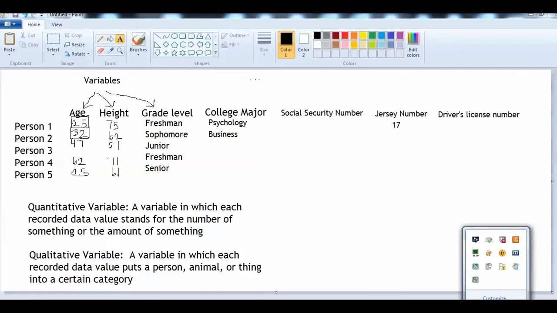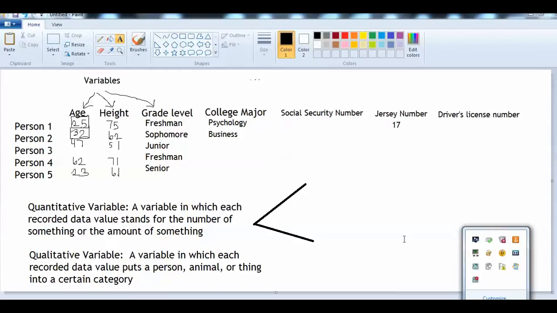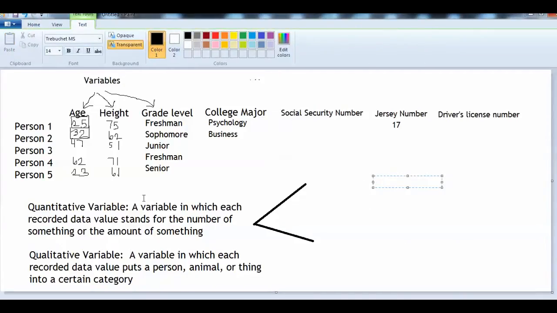The last thing we'll do is break these down into two other types of variables. So I said that we can have quantitative variables.